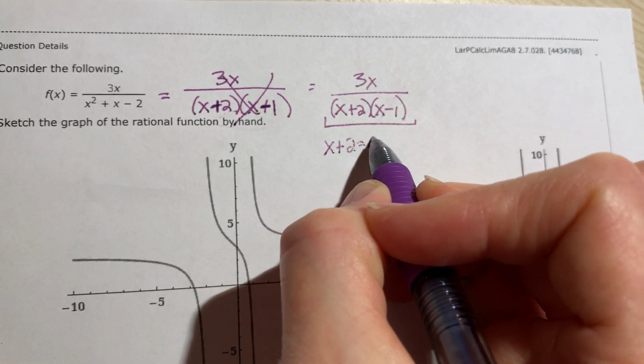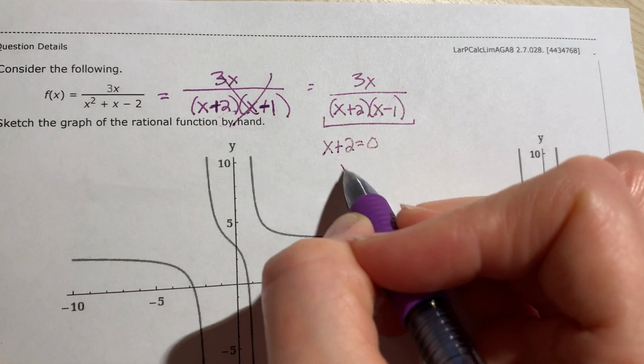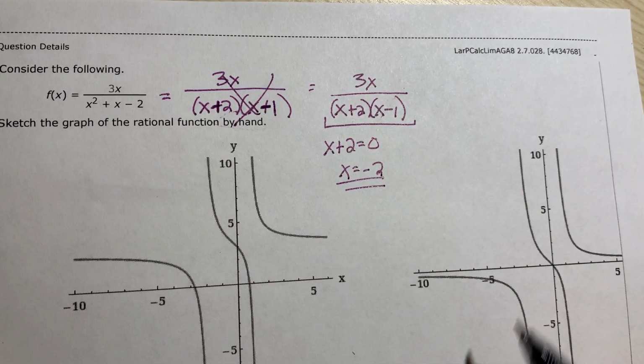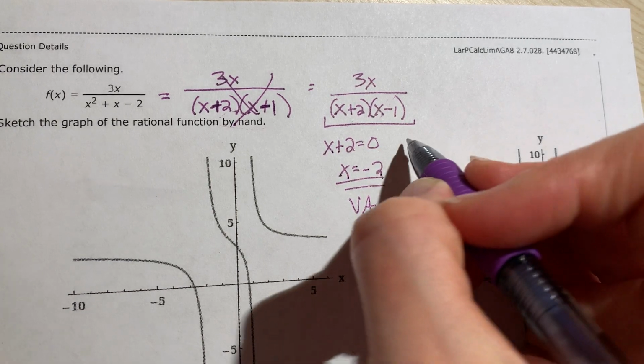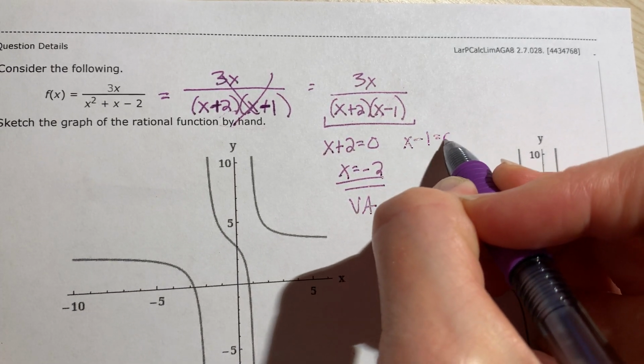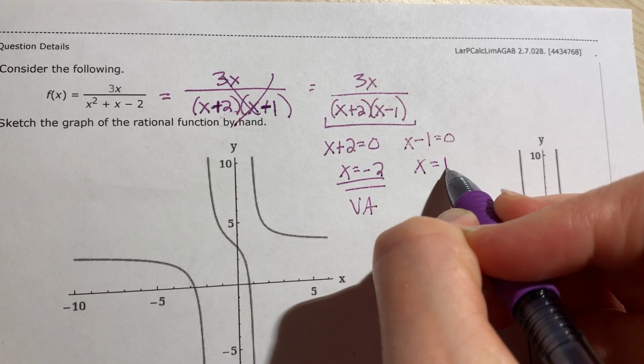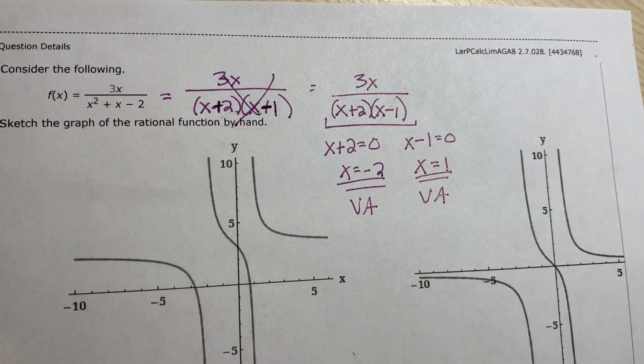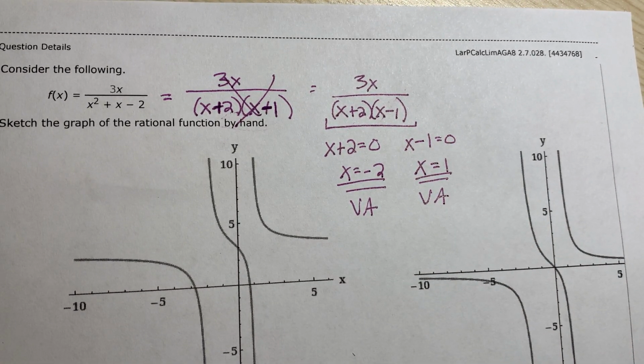So if that were set equal to 0, I would get x equals negative 2. So that's going to be a vertical asymptote. And if I set the other factor equal to 0, I get 1. That's going to be another vertical asymptote. So I know I have a vertical asymptote at negative 2 and 1.